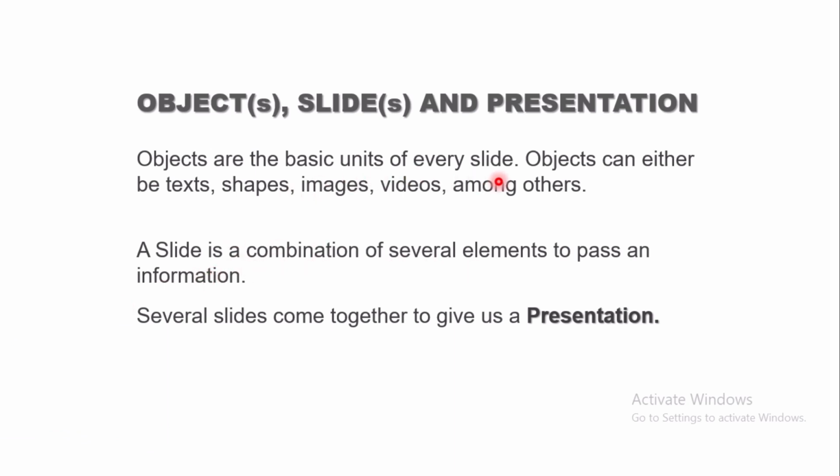So it's telling us the composition of a presentation. We have categories of objects, and objects come together to give us a slide, and then a combination of slides gives us a presentation. These objects can be texts, shapes, images, videos, among others.